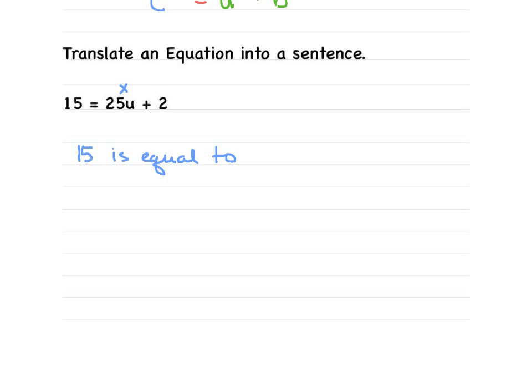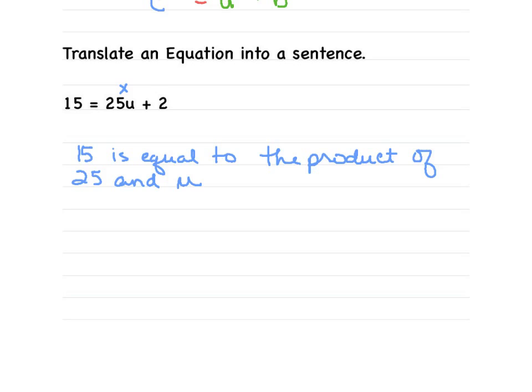I think I'm going to write is equal to the product of 25 and u. And then the rest of my equation is plus 2. So I can write the word plus, I can write added by 2, I can write increased by 2.